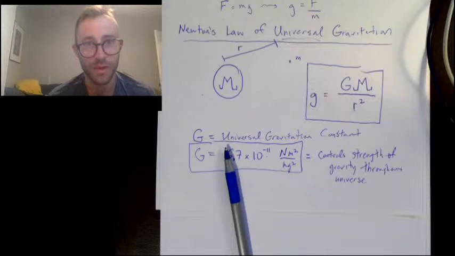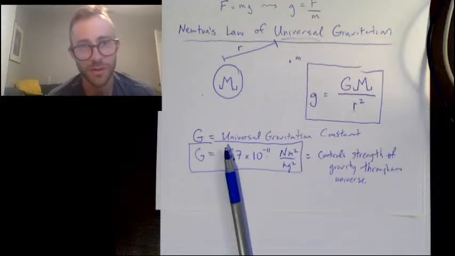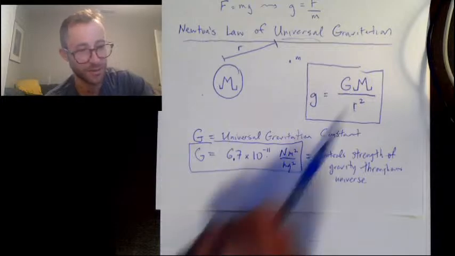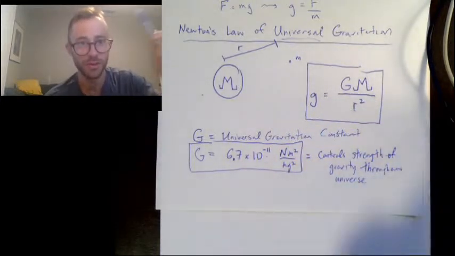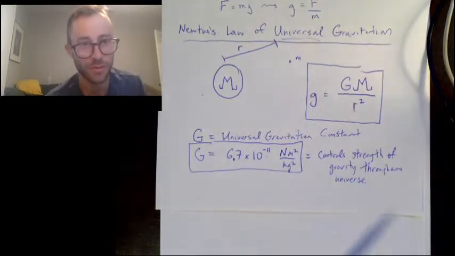There's a force of attraction between you and the person you're sitting next to or across from, because you have mass, so you're creating a gravitational field which is pulling the other person towards you.